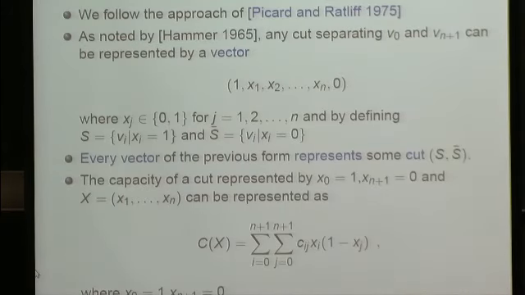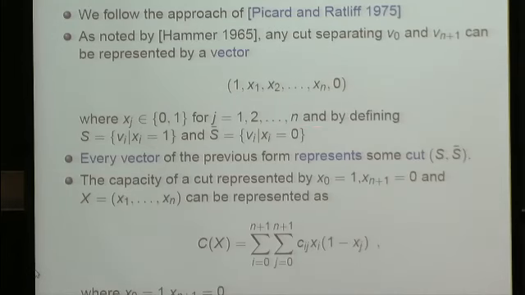What I'm going to do now, this is what the computer scientists did. Now you're trying to relate what they did to something about energies. So for that, you're just doing basic algebra. So you take what Picard and Ratliff did, say, okay, what is a cut? A cut is a partition. So essentially, it's a binary assignment of variables. So I say, I'm going to consider binary vectors.